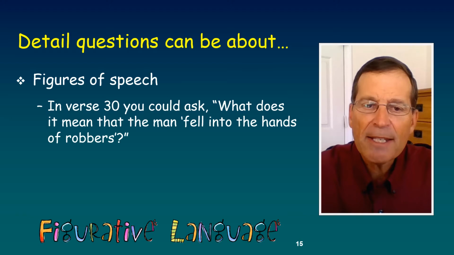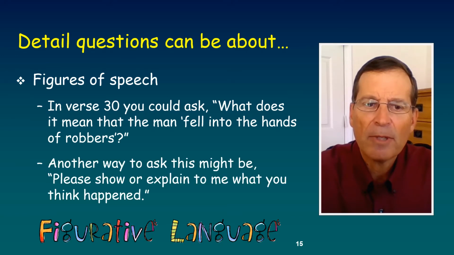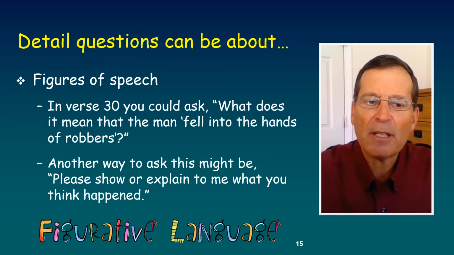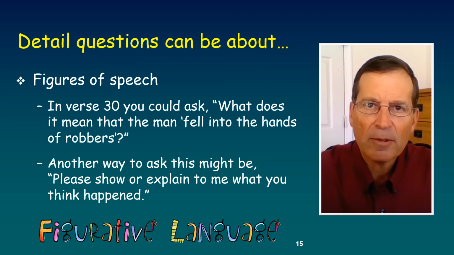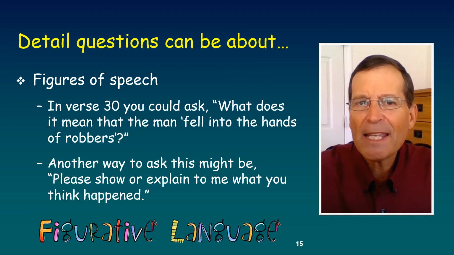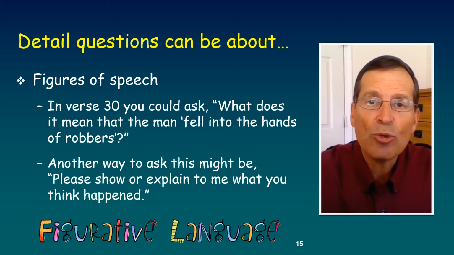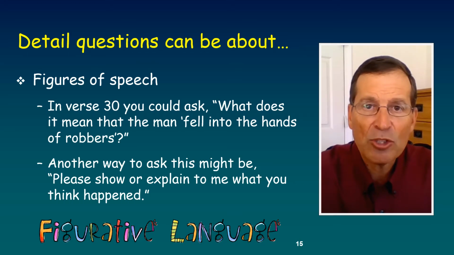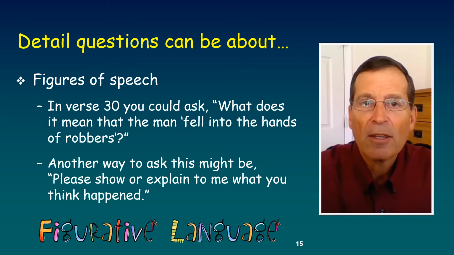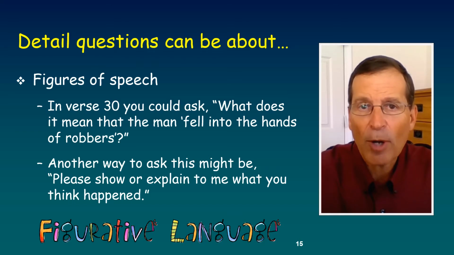So in community testing, you could ask, what does it mean that the man fell into the hands of robbers? Another way to ask this might be, please show or explain to me what you think happened. So if falling into the hands of someone isn't clearly communicating the right meaning in your target audience, you could replace that figure of speech with the direct meaning. The man was attacked by robbers.